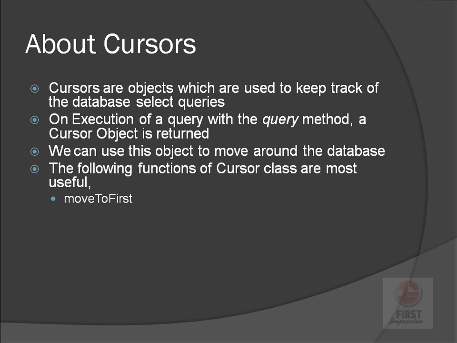The following functions of the cursor class are much more important. The first function is called moveToFirst. Whenever you say moveToFirst, your cursor will move to the first record in the database. Then you will say moveToNext, and it will move to the next record. You will say getInt with the column index. So suppose your first column was the ID. When you say getInt 0, it will get you the ID of the current record. Let's take an example.